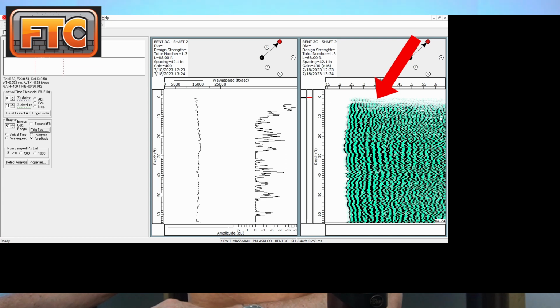The debonding gets bad enough at the top that we actually don't get a signal in the top 6 inches of the shaft. But again, this is classic access tube debonding, and what we find is that some combinations will show this and others won't, and usually the combinations that do are common to a specific access tube or tubes. So it's readily apparent that this is access tube debonding.